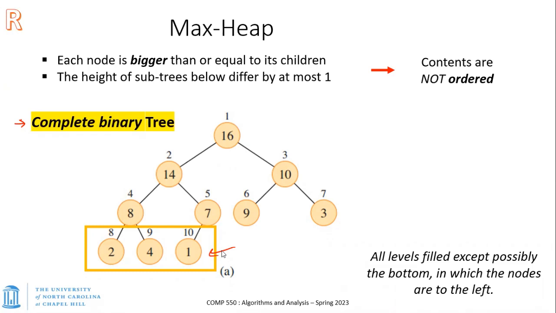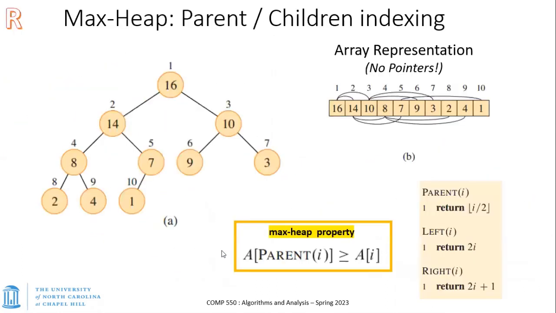Yeah. So essentially, you said it exactly right, that you don't have the additional overhead of pointers. It's a really cool and neat implementation of a heap. And as long as you represent it as a complete binary tree, then the array is a really nice representation. We saw that in the last lecture, this is the array representation.